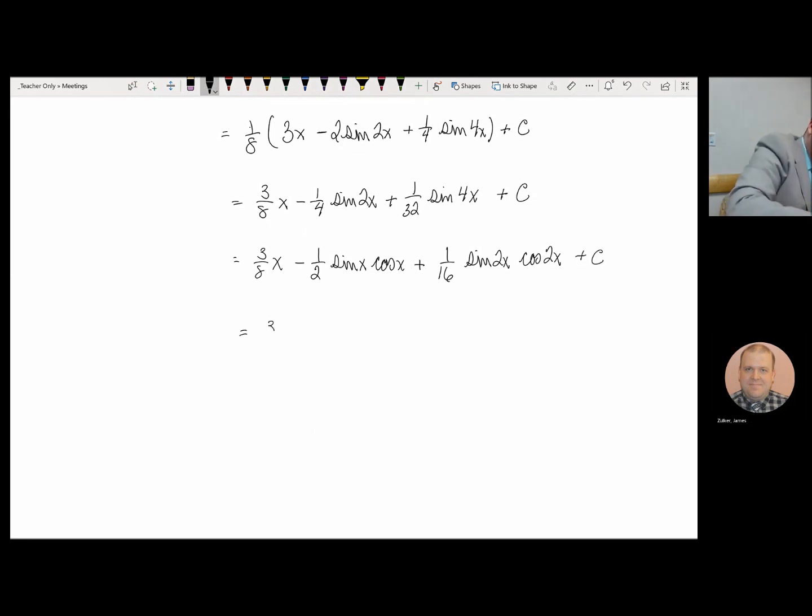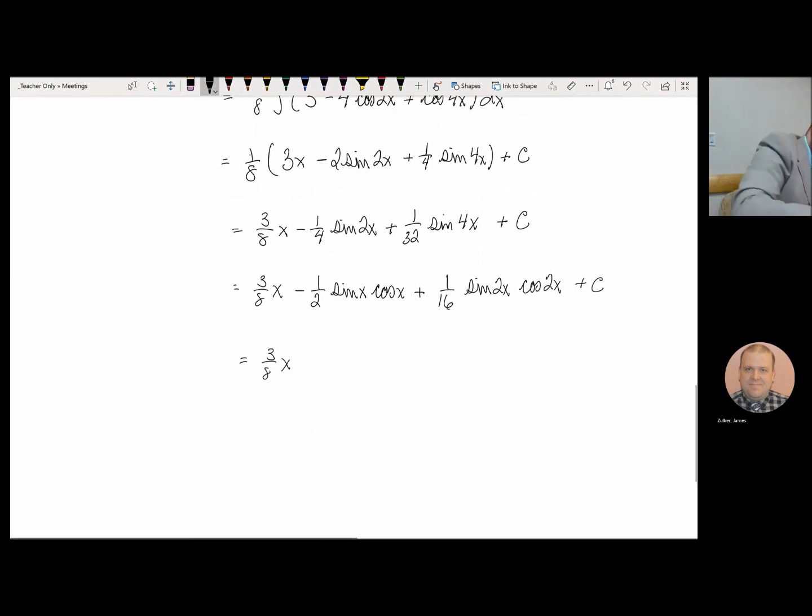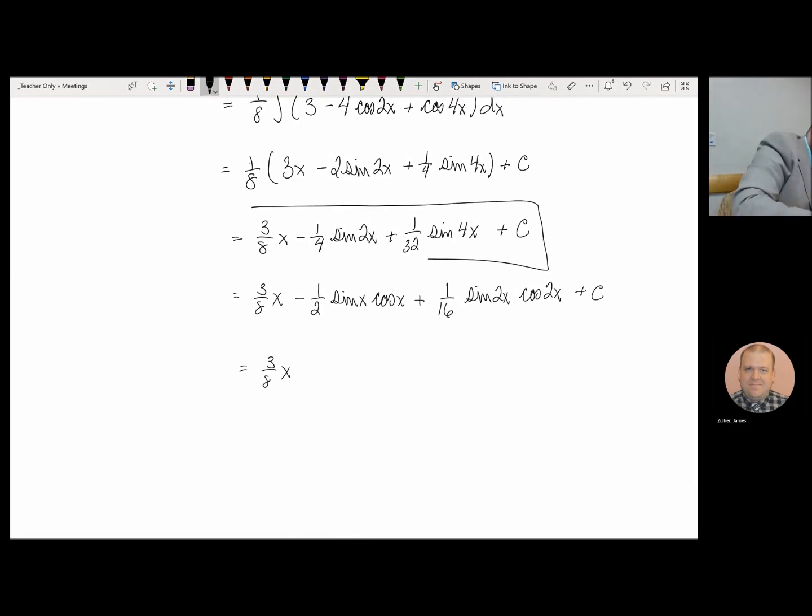Plus our constant. What I think I'm going to do is I'm going to just put a box around there to signify that that would be acceptable. Right. Well, sine of 2x, right? 2 sine cosine. That'd be 1/8 sine times cosine.